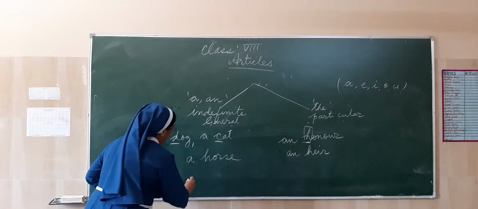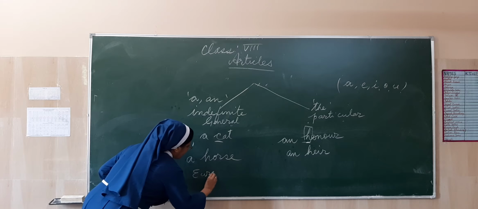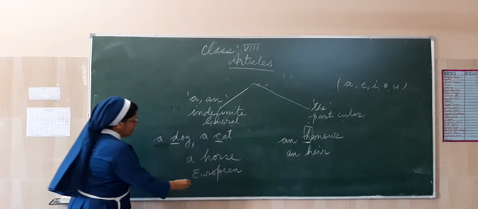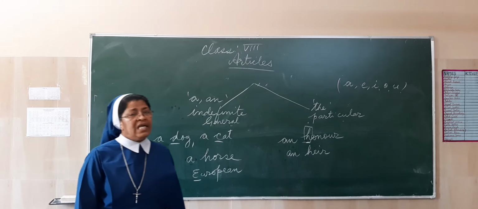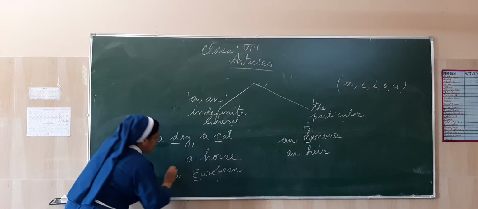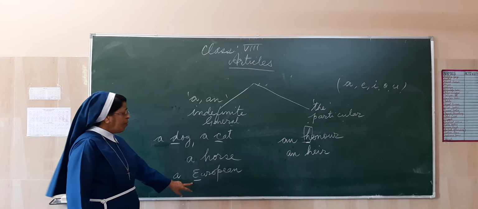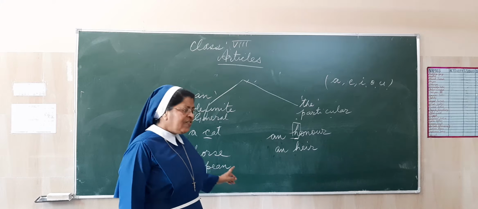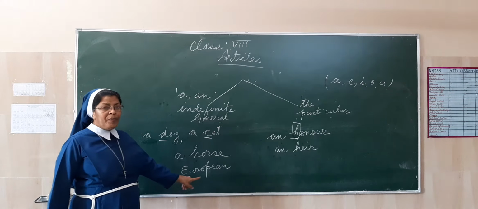Now see, European. Now what is it starting with here? We are starting with the letter E. But I write here a European. A European came to India. So you cannot say, sister, you have already said, see children, I have written here European.